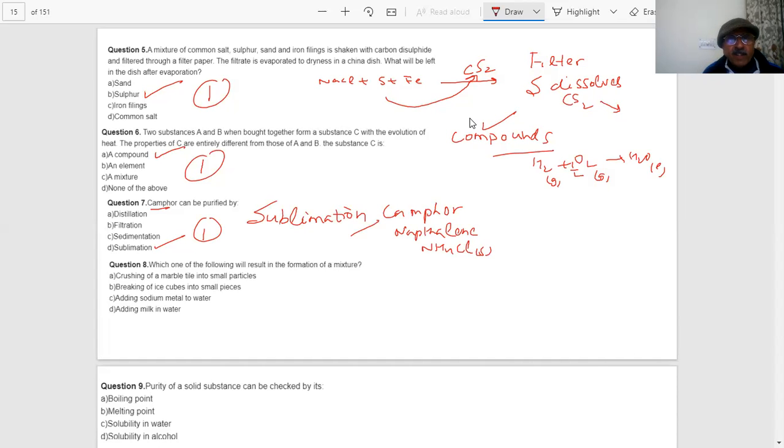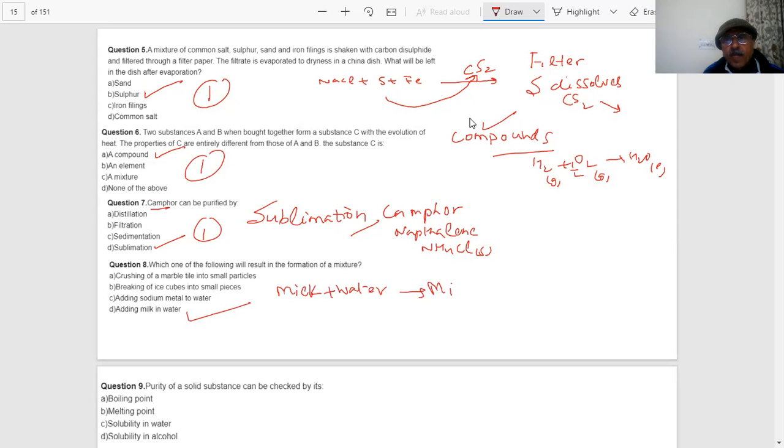Next question is coming before the screen, student. Which one of the following will result in formation of a mixture? Sir, adding milk in water. Crushing marble, breaking of ice, adding sodium in water, adding milk in water is the correct answer. Student, when you add milk in water, what you get is a mixture.